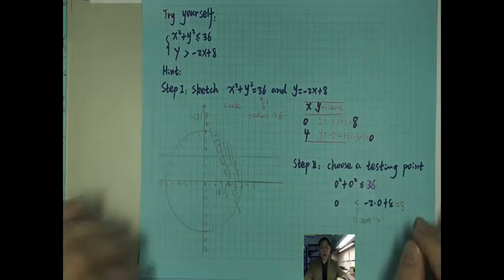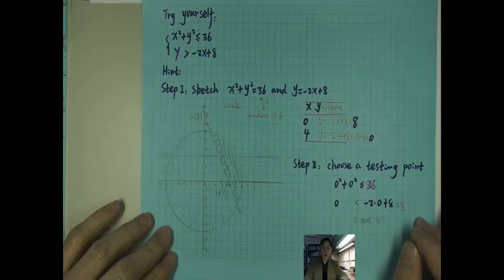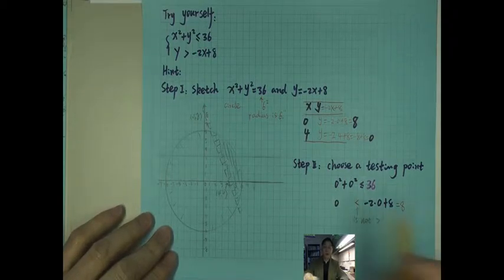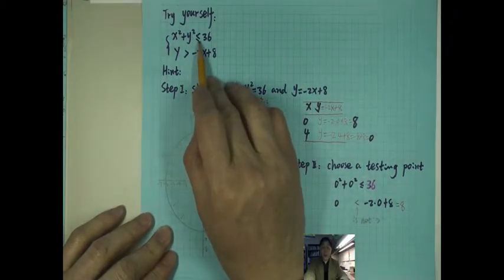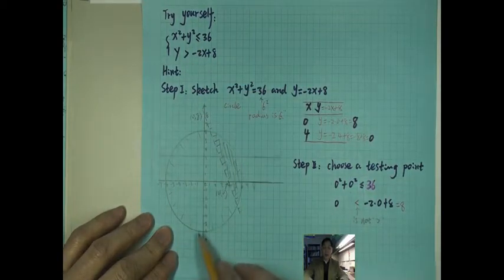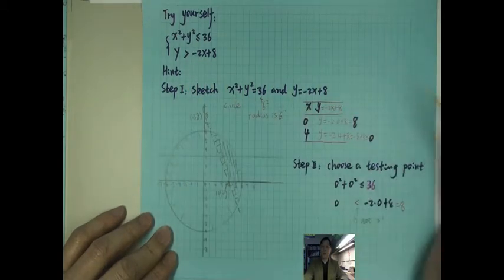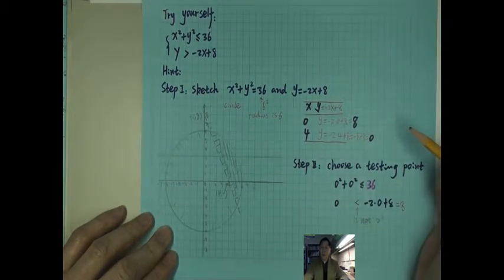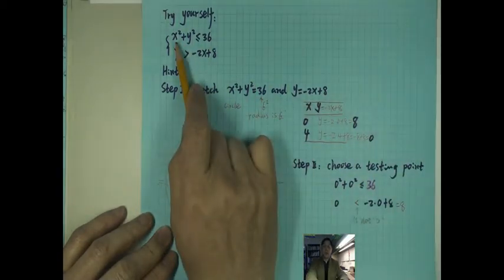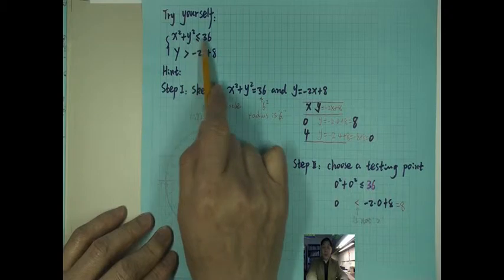Now, you have a solid circle because there is an equal sign here. The dotted line is because there is no equal sign here. Alright, now choose a testing point. Plug in 0, 0, which is okay for this one.